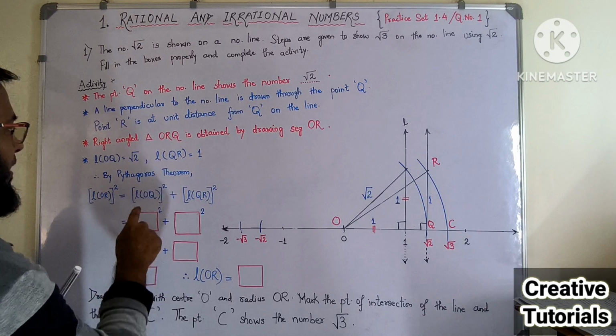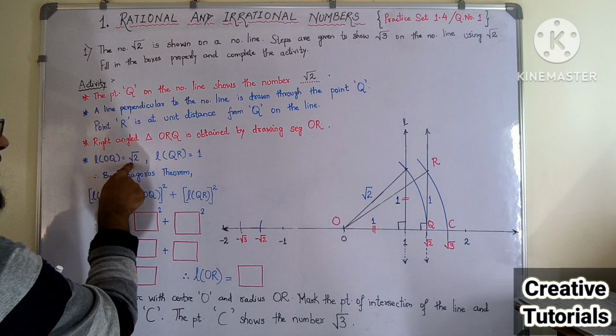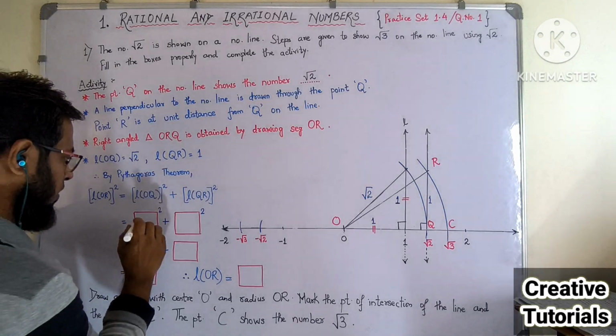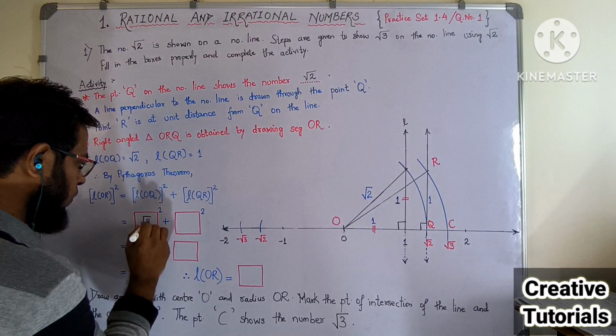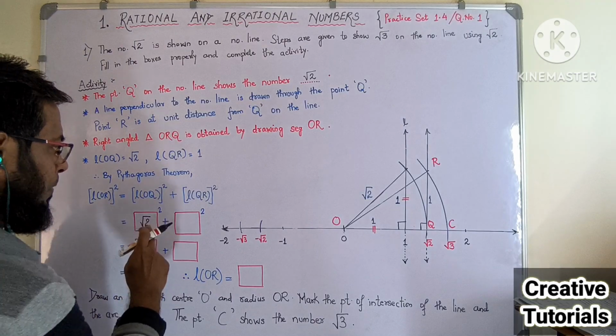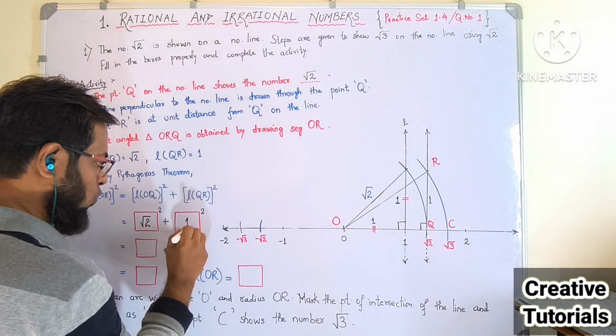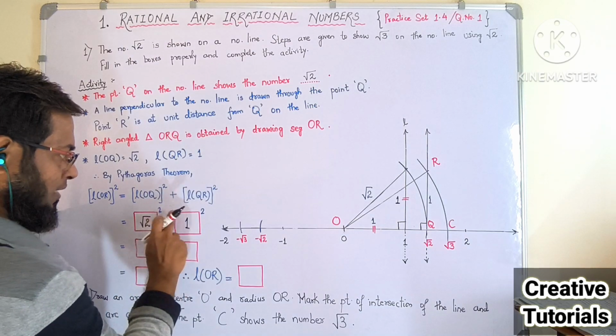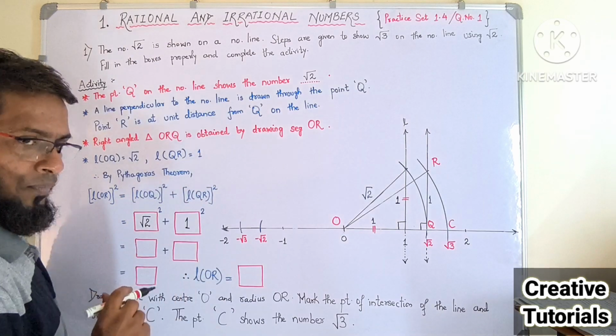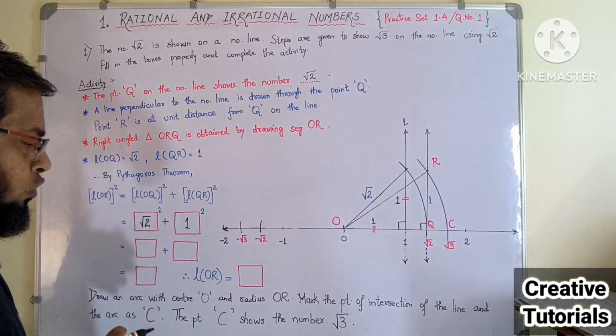Length OQ square, where is OQ? OQ is given to me as root 2. So in this box I will get root 2, correct? Plus length QR, QR is 1. So here I will get 1. And these squares are already written in blue ink. Now root 2 square is how much?